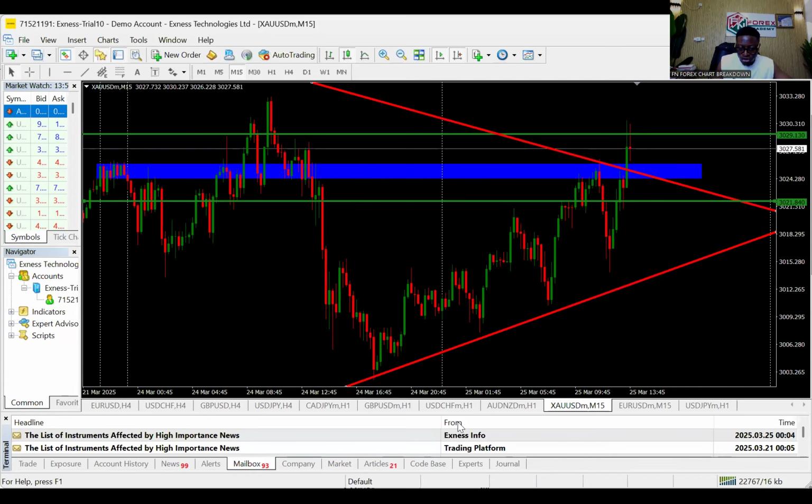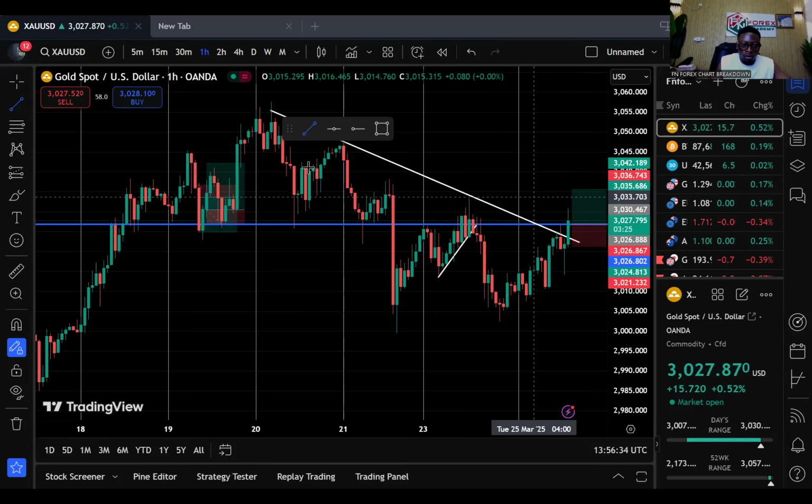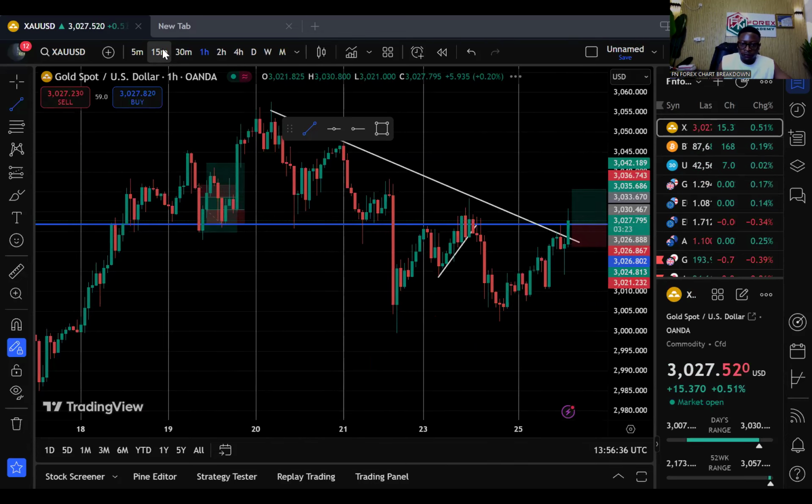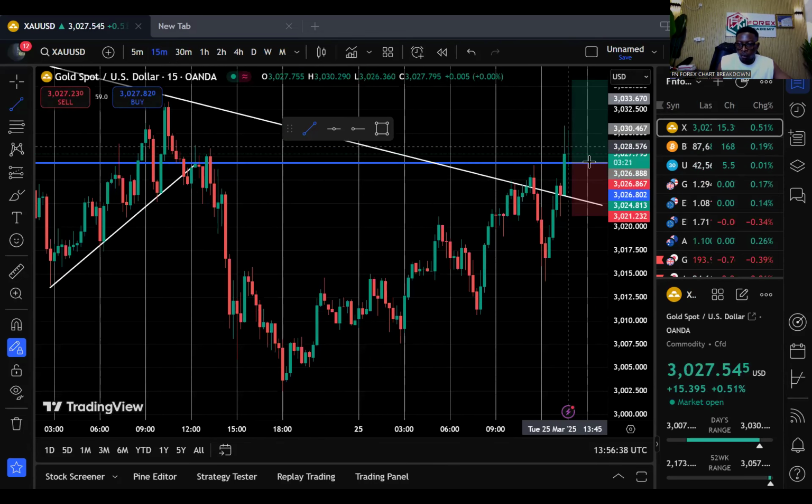So you can have your entry on gold like this. Let's just go to TradingView now. So on the 15-minute time frame, you can have your entry on gold like this.